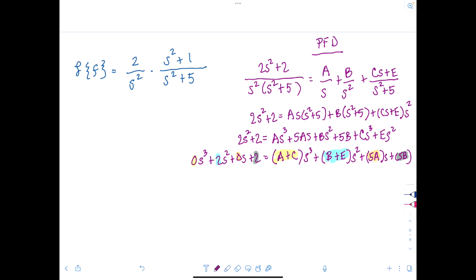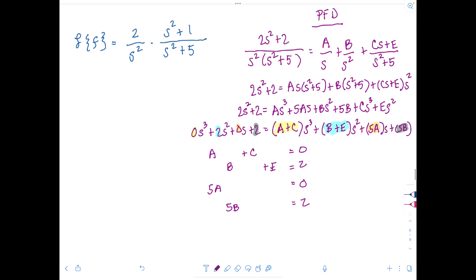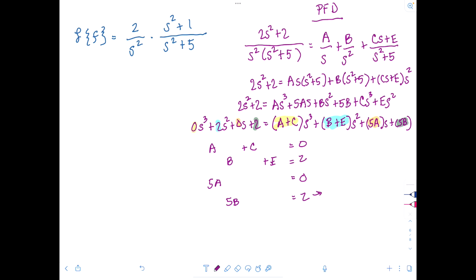And I will have a plus c is 0, b plus e is 2, 5a is 0, and 5b is 2. So from that system, b has to be 2/5, right?